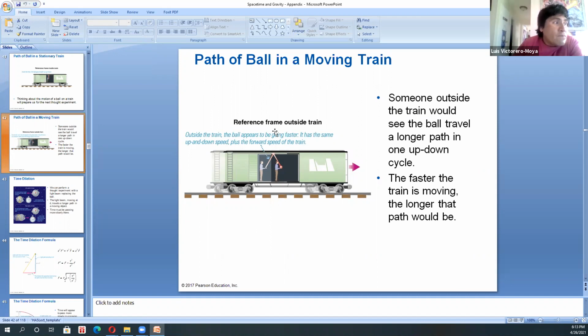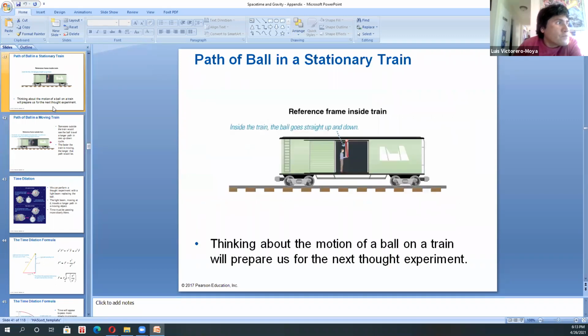And what you see is the light bouncing and coming back in a triangular fashion. If you are inside the train with the laser pointer, you won't see that. You will see the light just going up and down.